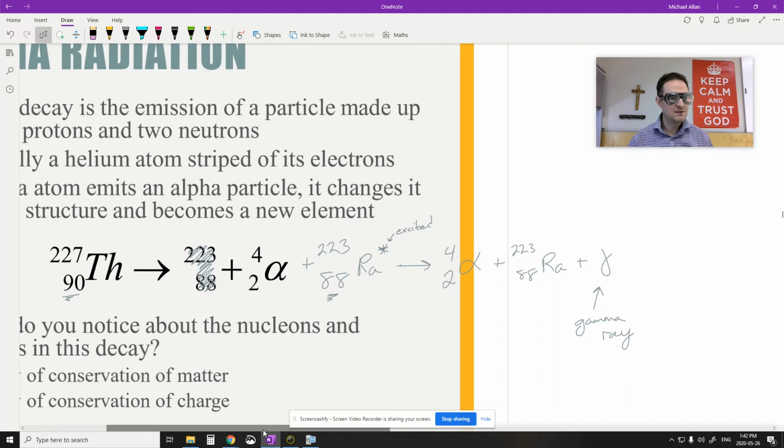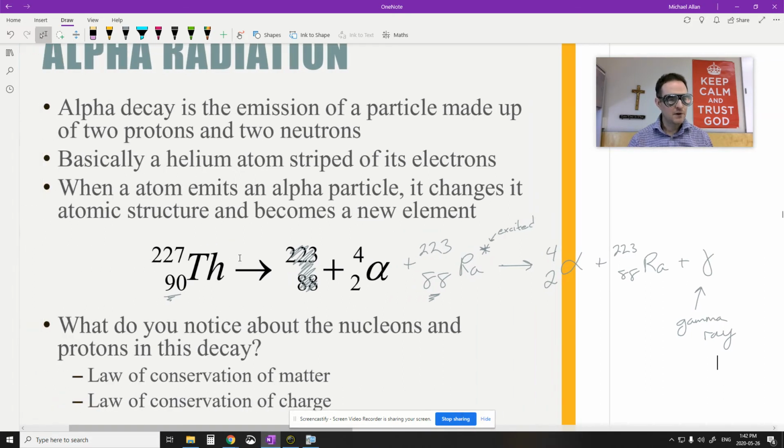Okay, so that's very key. For alpha decay, gamma decay is always going to come out as well, right? They are hand in hand. So this intermediate step, where this excited element is, we usually don't draw it, but it is there.